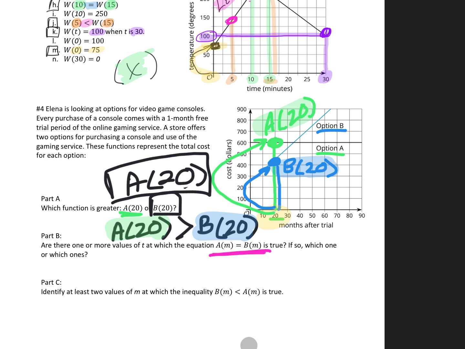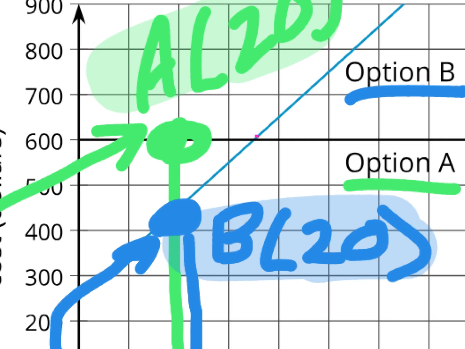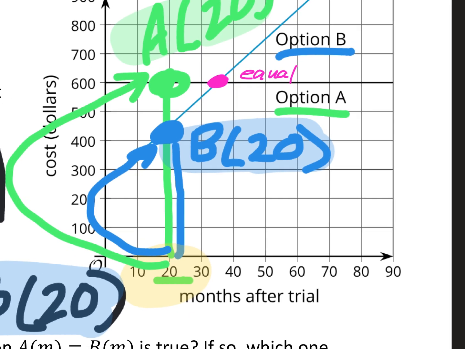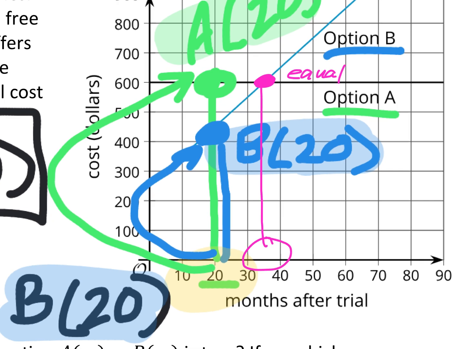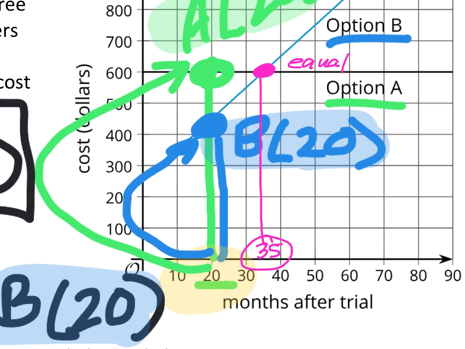If I look on the graph and I zoom in here where the two graphs intersect, this is where the two functions are equal. And if I look at what value that is, if I travel down to the graph, it's right here halfway in between 30 and 40, which means it's at 35.